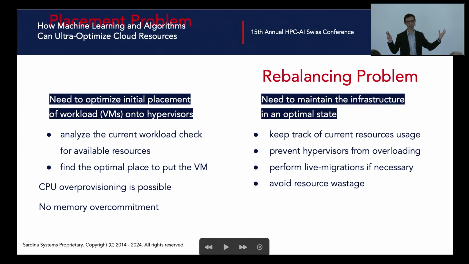So how do we optimally pack them onto as few servers as necessary so as to keep the workloads running, but avoid wastage across the facility? The service consumer isn't aware of this. Remember, the service consumer runs their workload inside the VM. This is on the infrastructure side. They don't know this.